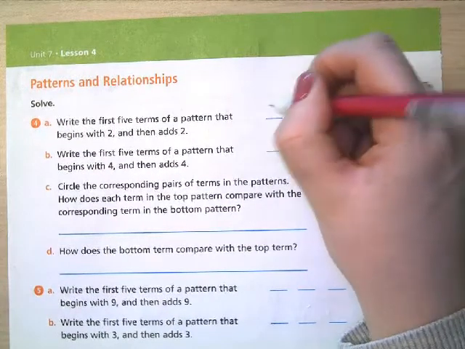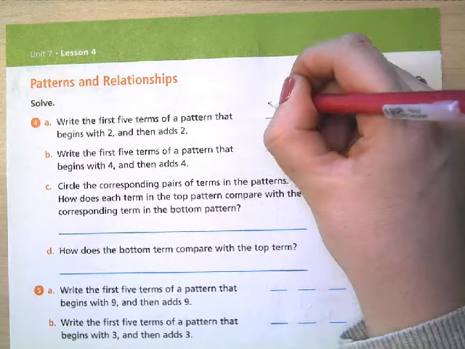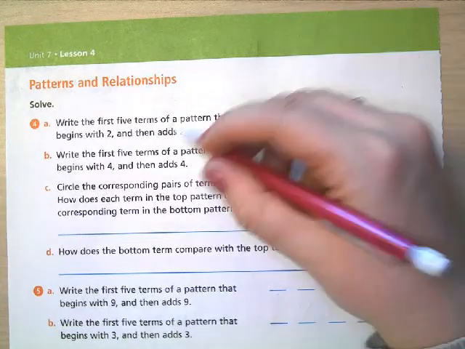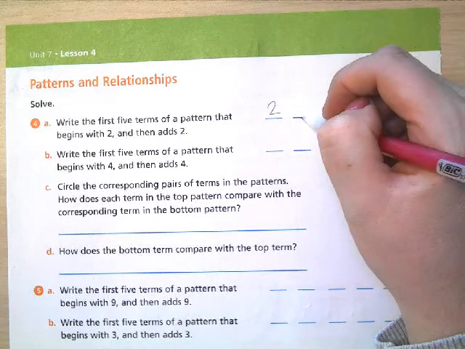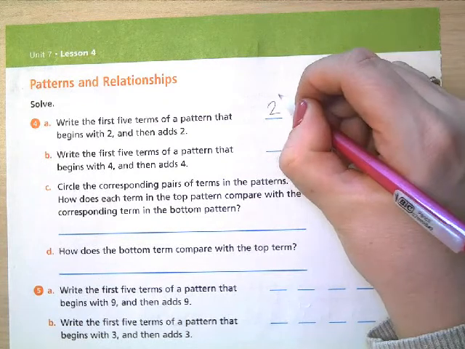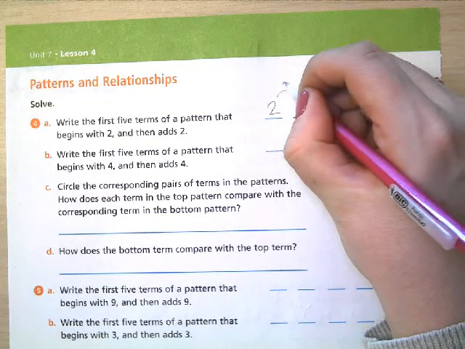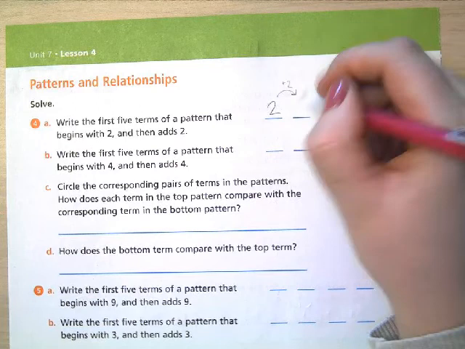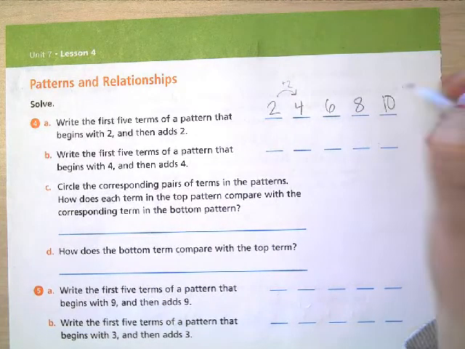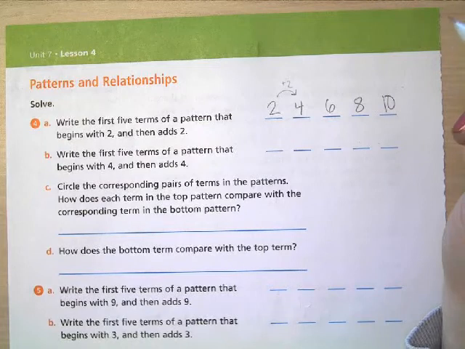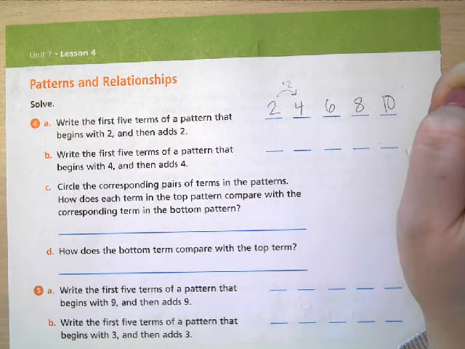Okay, all right, it says write the first 5 terms of a pattern that begins with 2 and then adds 2. That's pretty easy. So the first line begins with 2 and then adds 2. So if it adds 2, what would the next number be? 4.